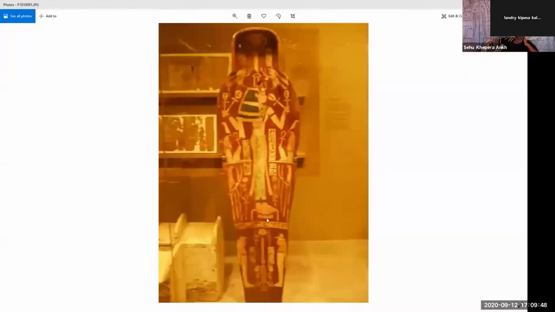And here's a nice one. And see how it's decorated on the inside. So when you're thinking about your own funeral and what you want, we'll discuss it in more detail so you can come up with ideas. And if you find people who are willing to do it, and so forth.